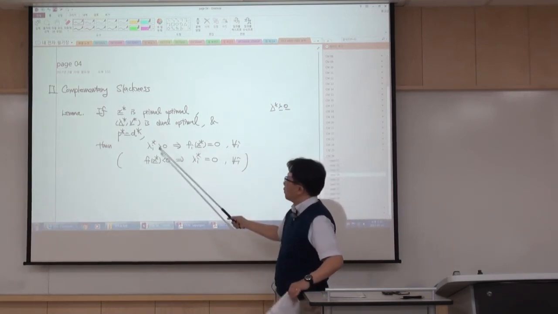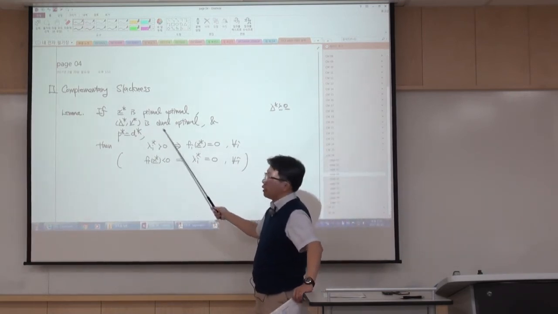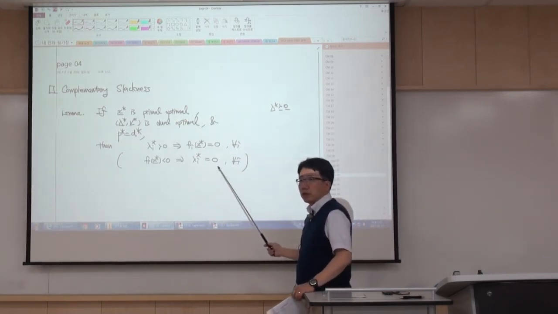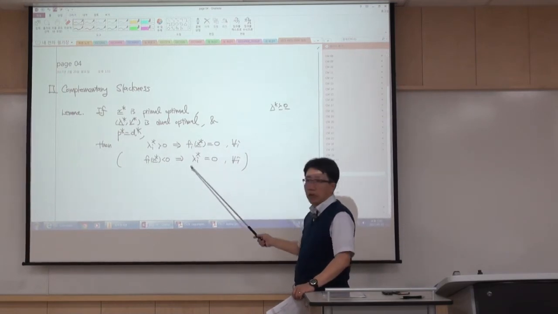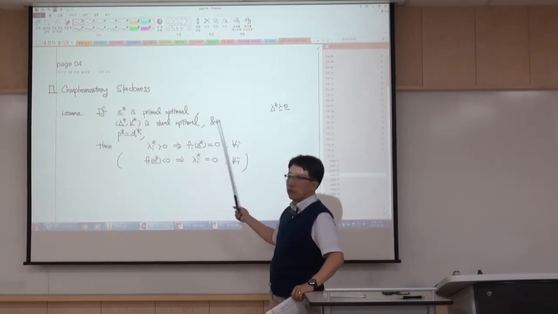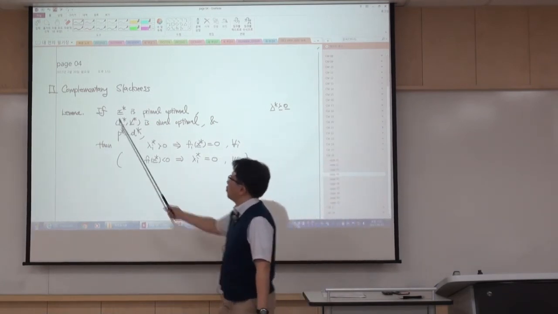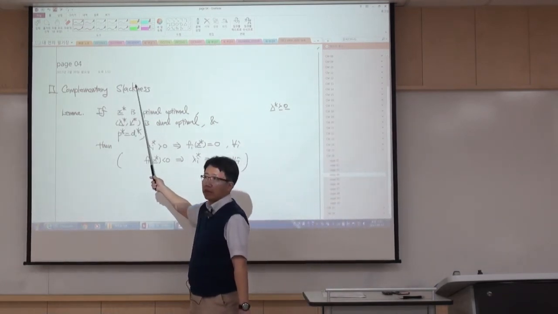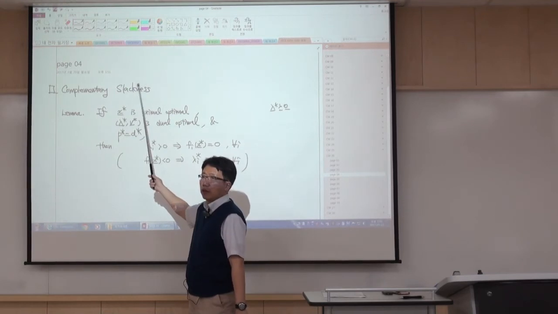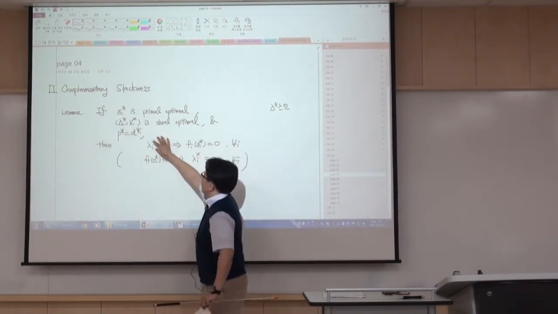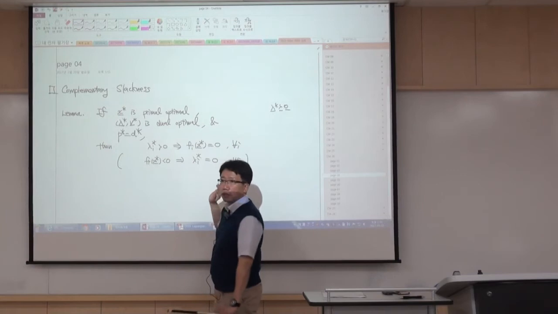So if something is not equal to 0, the associated function or Lagrange multiplier must be 0. This is why this result is called complementary slackness. Complementary: non-zero, 0. Non-zero, 0. Got it?